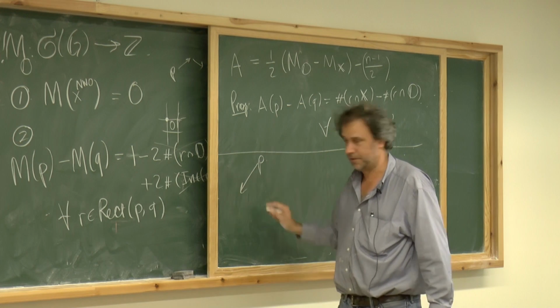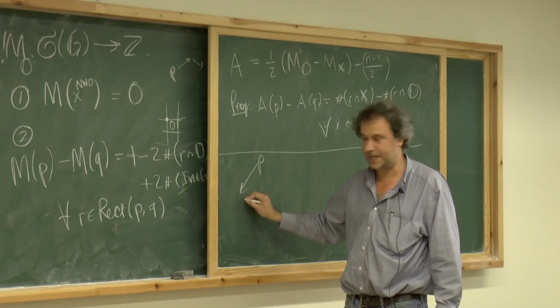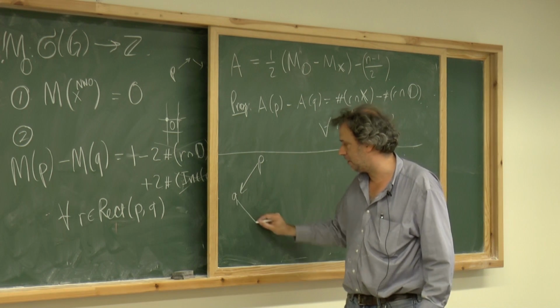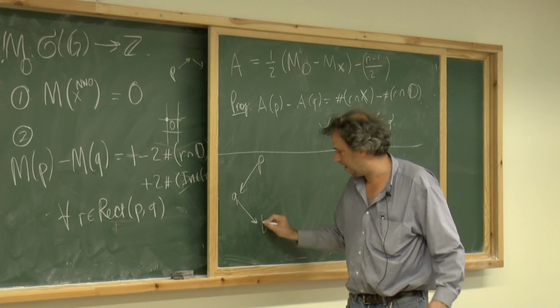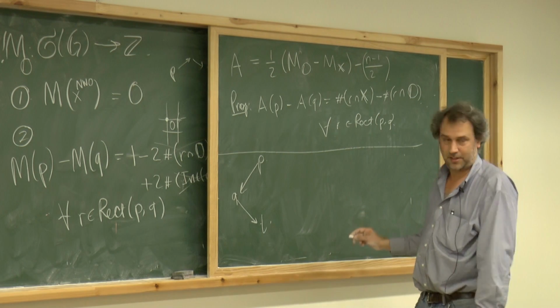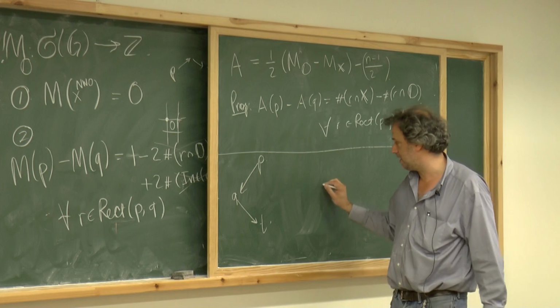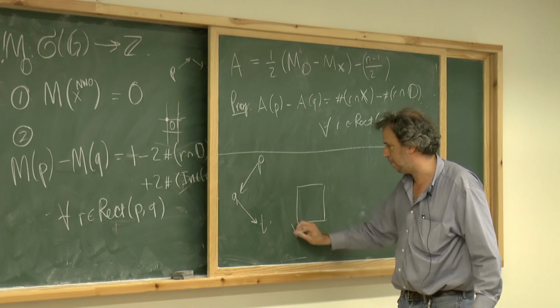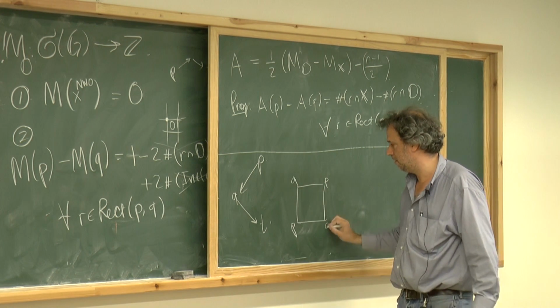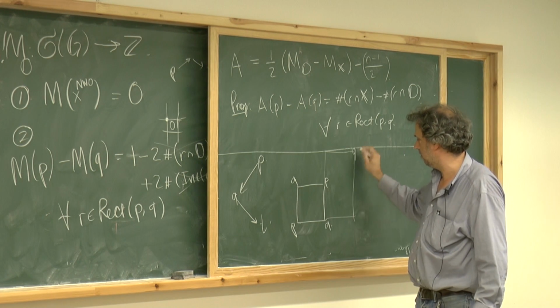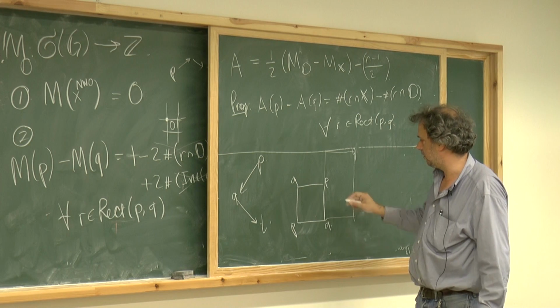That means I have a differential, some rectangle that goes from some P to some Q, and then another rectangle that goes from Q to some T, right? And how can that look? Well, it can look in several ways, but one way it could look is that I've got my rectangle that goes from P to Q, and then I have my second rectangle that goes from Q to T.